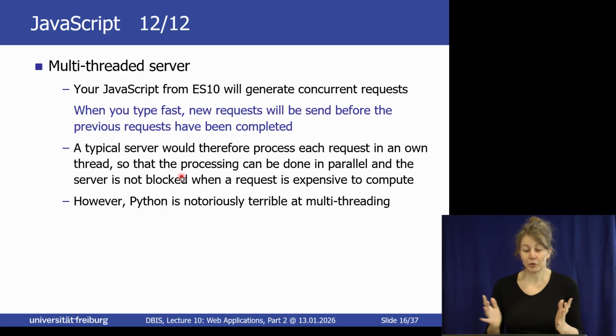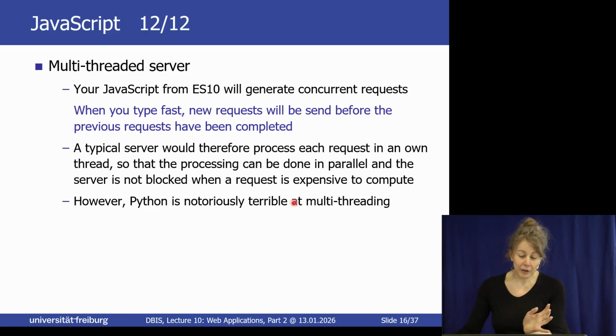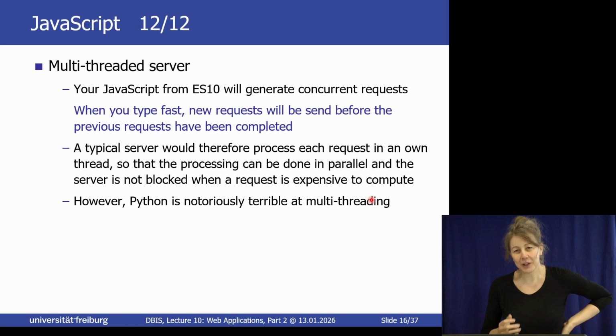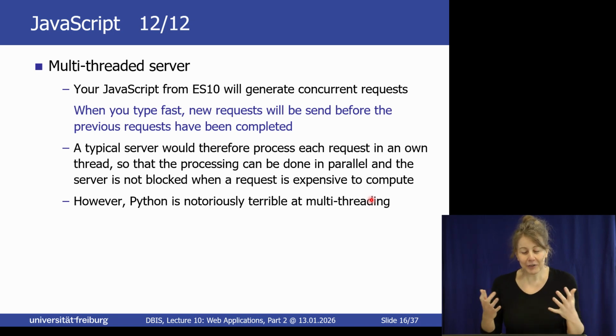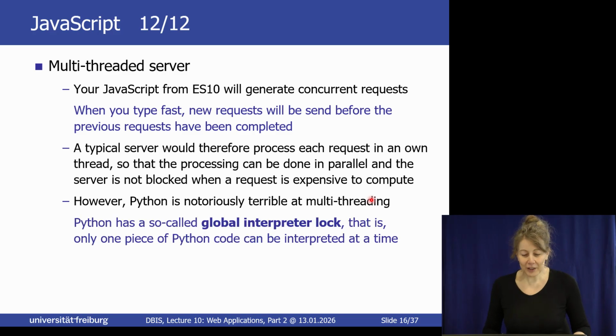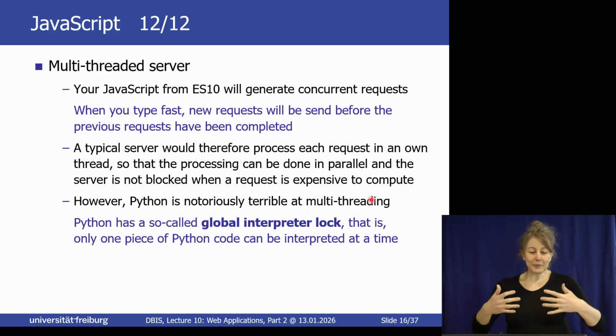Python is notoriously terrible. Actually, one could remove the "multi-threading" part and replace it with a lot of things, but it's particularly notoriously terrible at multi-threading. And let me explain that very quickly, because every serious language can do multi-threading, right? What does Python do? Python is an interpreted language.